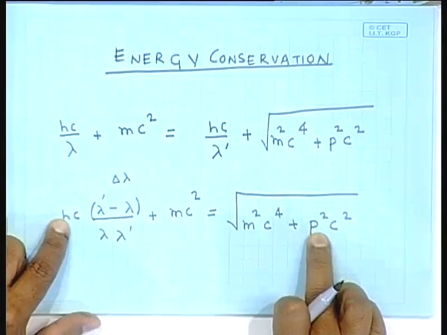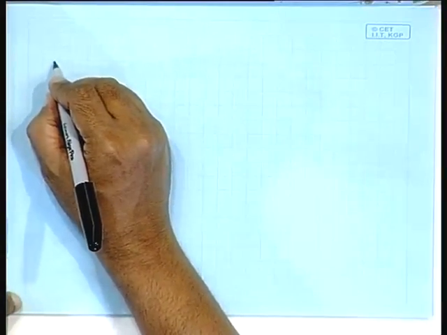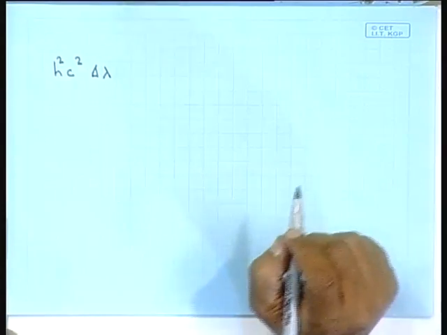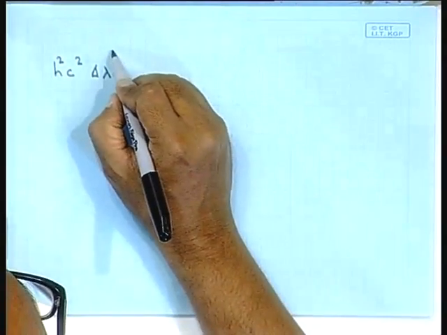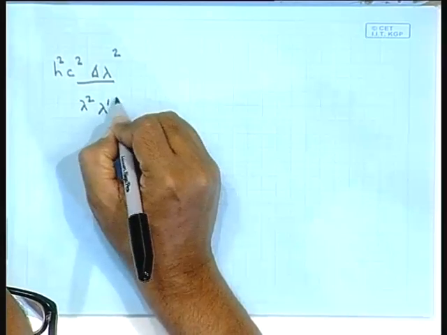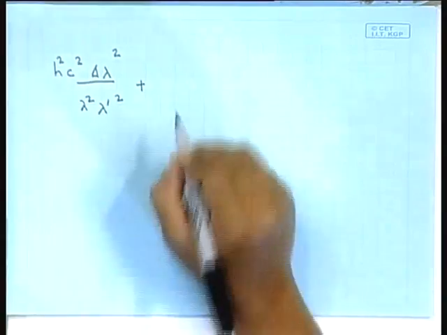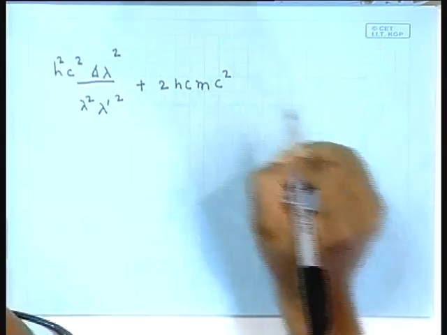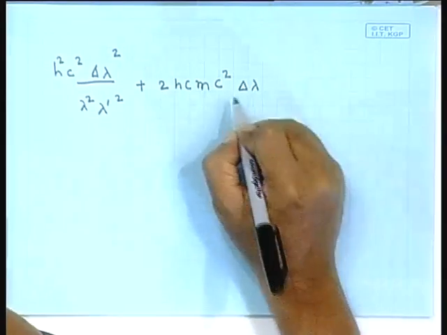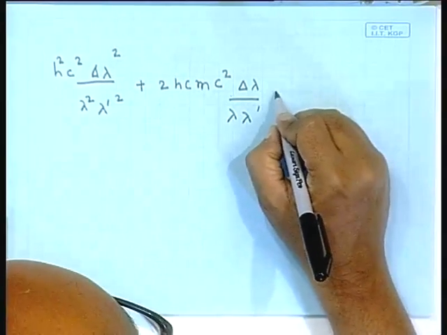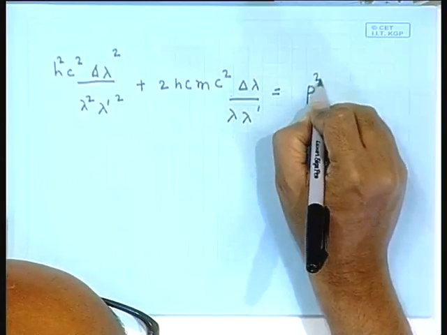So what I am going to get is h²c²Δλ² divided by λ²λ′² plus 2hc·mc²·Δλ by λλ′ is equal to p²c².